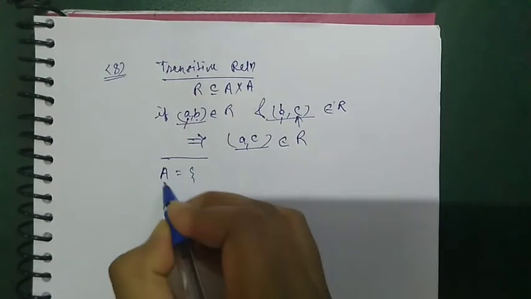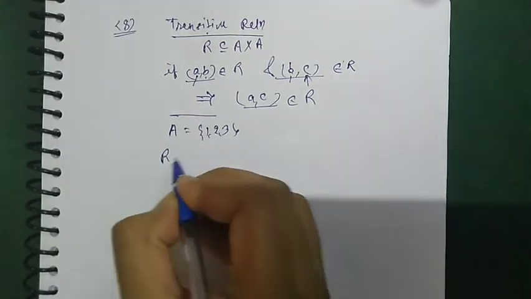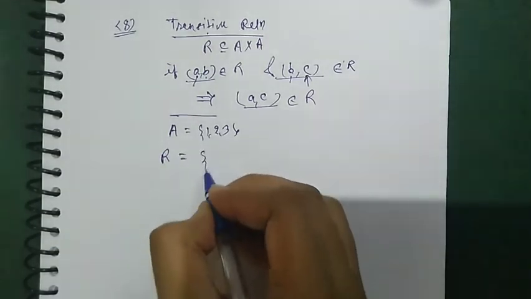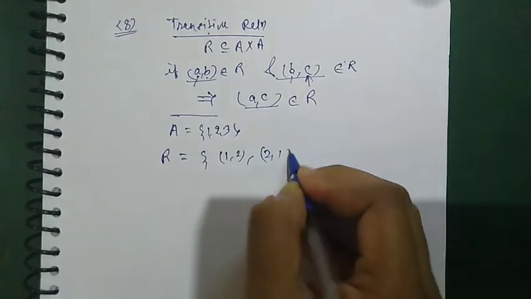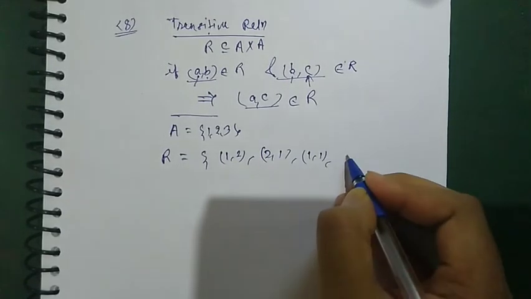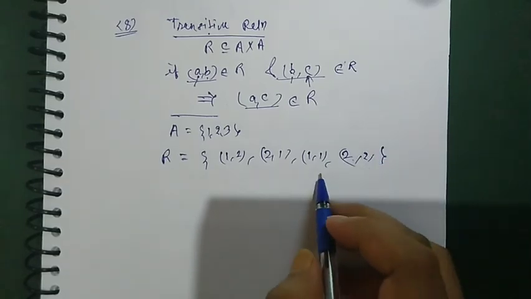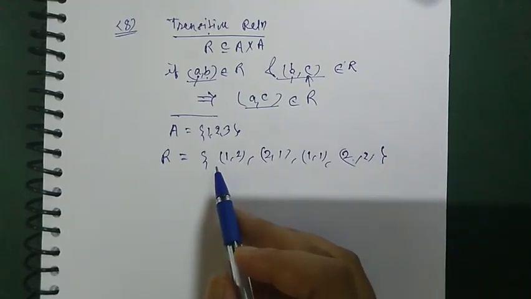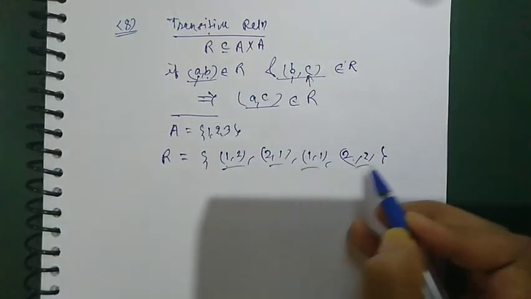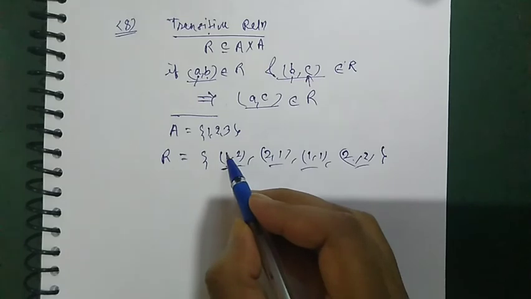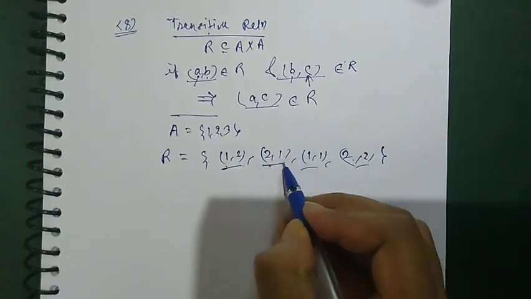Here also we take A equal to {1, 2, 3}, and taking a relation R as {(1, 2), (2, 1), (1, 1), (2, 2)}. To check whether it is a transitive relation or not, we have to check each ordered pair here. Take the first one, which is 1 comma 2, and take any other element, say 2 comma 1.